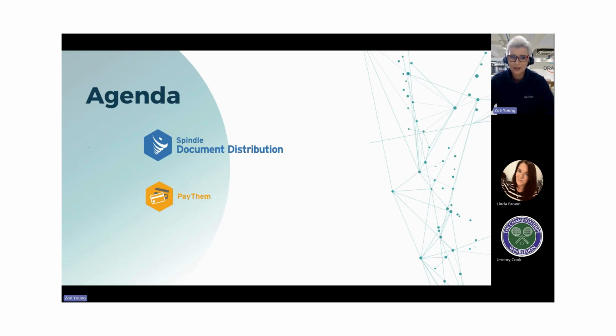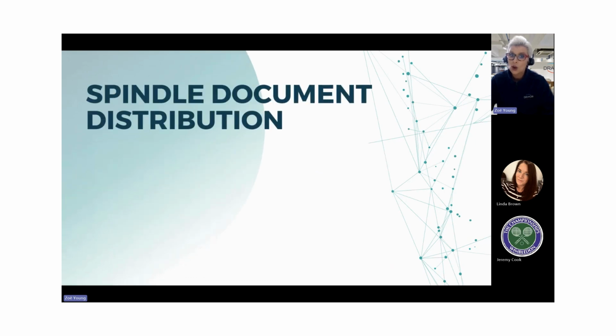That's absolutely fine. If you do want Paythem, you will need Spindle document distribution, but you can use Spindle document distribution on its own. So what is Spindle document distribution? Well, I will say it's a really simple tool that has so many features within it, and hopefully I'll be able to show you all of those features today.